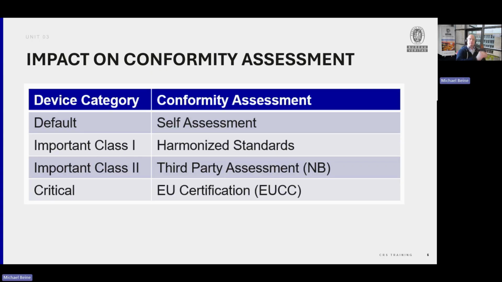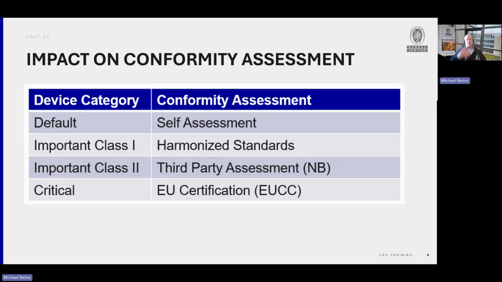If your product falls into important class 1, then you need to follow harmonized standards. So you still can do self-assessment, but you need to follow harmonized standards. If your product falls into important class 2, you need to get a notified body, third-party assessment, a type examination certificate. And critical products need to go through EU certification. At the moment, there is an EU common criteria certification available to get certified.